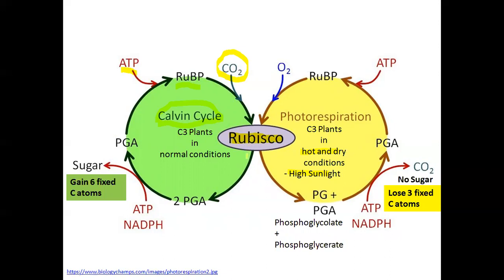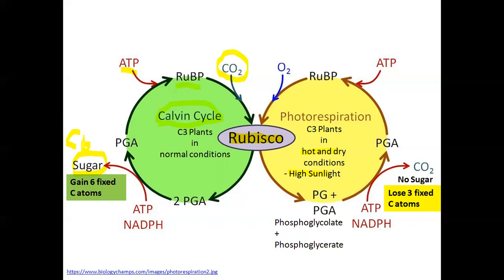Then they generate 2 molecules of phosphoglycerate. These 2 molecules of phosphoglycerate then generate glyceraldehyde 3-phosphate, and then a sugar molecule will be released. So this sugar consists of 6 fixed carbons.